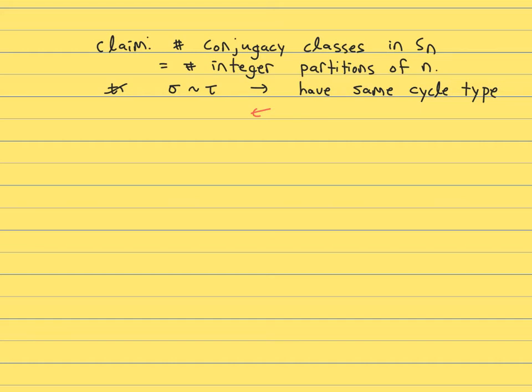Of course, there's still one last step. Given any integer partition, you actually have to find a permutation with that cycle type, but that's actually not that challenging. So, suppose you have an integer partition. What that means is you have a sequence of numbers that sum up to n, and they're all integers.